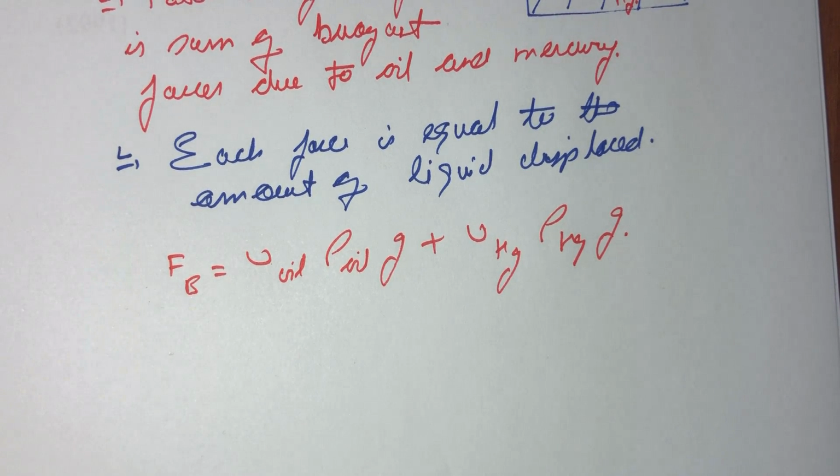The question itself mentions that half is floating in mercury and the other half in the oil.